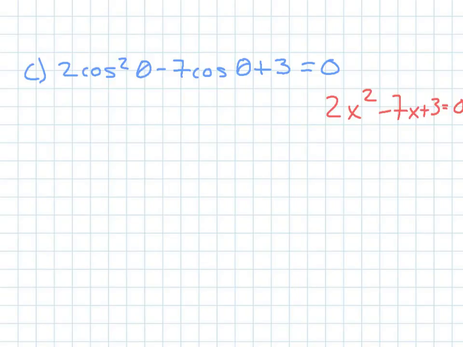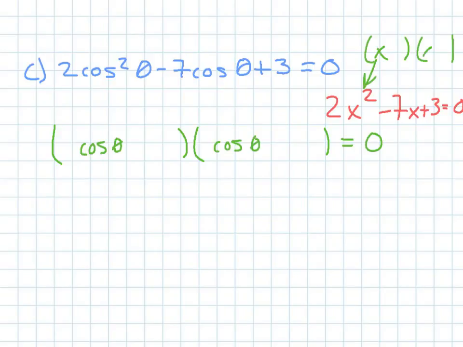So I want to find my numbers that I multiply here. Notice that both of them get a cosine of theta, just like when you made a parentheses, you get an x. One of them's got to be a 2, one of them's got to be a 1 for that one.